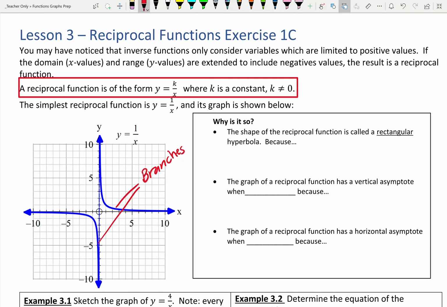The shape of the reciprocal function is called a rectangular hyperbola. So hyperbola is the shape of the graph that we met before. It's called a rectangular hyperbola because the two asymptotes are at right angles with each other.